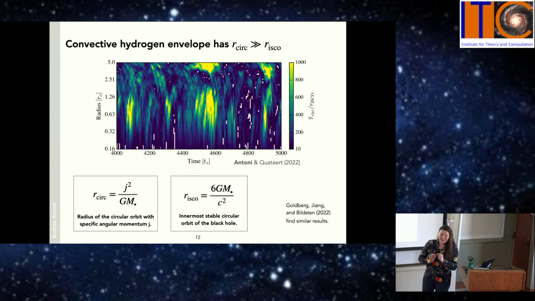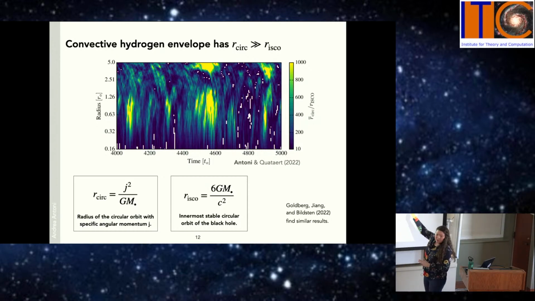Then I'm dividing by the radius of the innermost stable circular orbit of the black hole. All you need to keep in mind is that anywhere this ratio is bigger than 1, that material is going to try to circularize outside the horizon of the black hole, and you have some hope of generating a transient or making a disk.